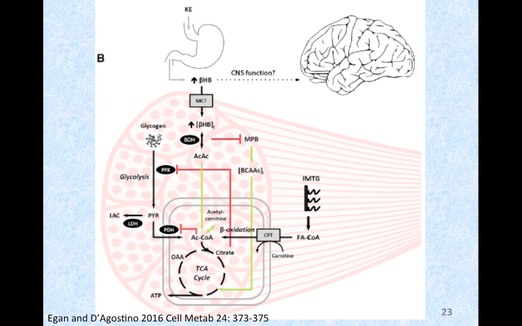Okay? Another thing that's happening here is now we're providing substrate for the Krebs cycle. We're generating more citrate. The citrate can actually come out of the mitochondrial matrix, go into the cytosol or the sarcoplasm, and inhibit phosphofructokinase-1, which is the rate-limiting enzyme of glycolysis.